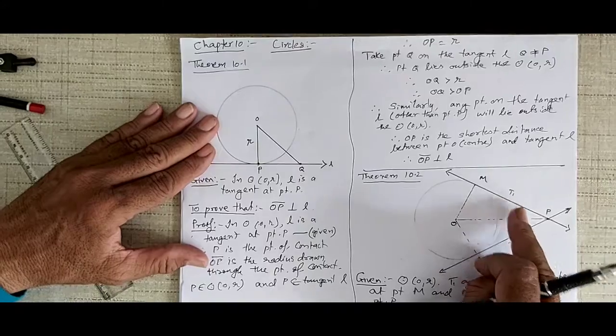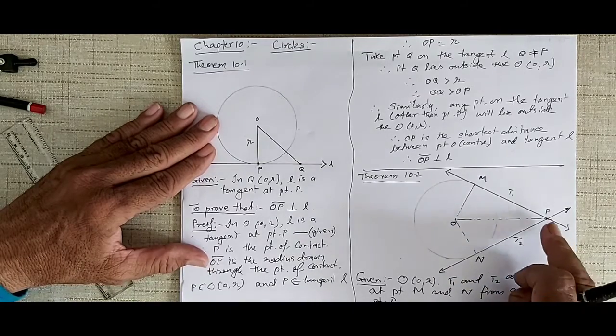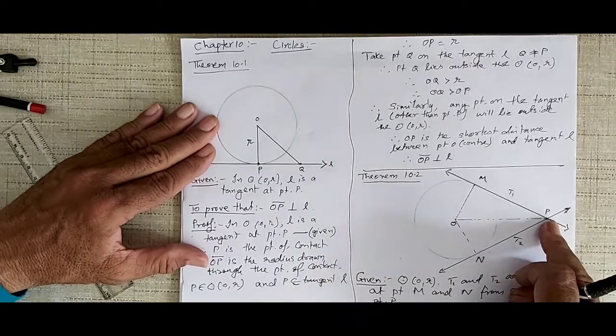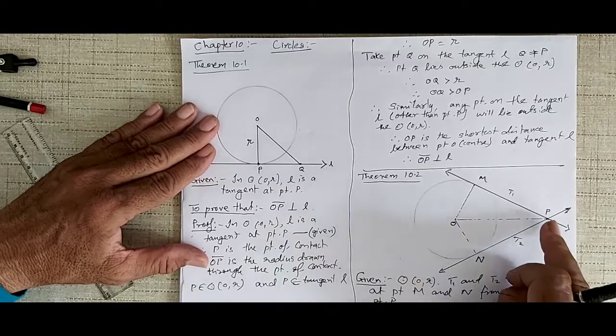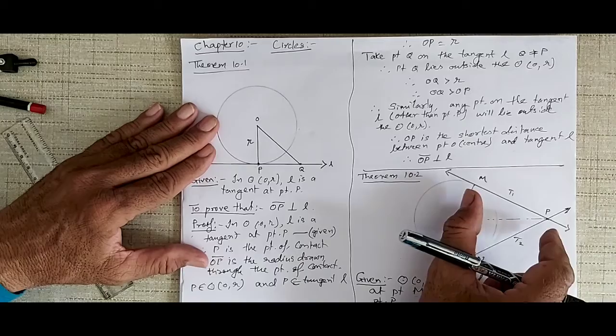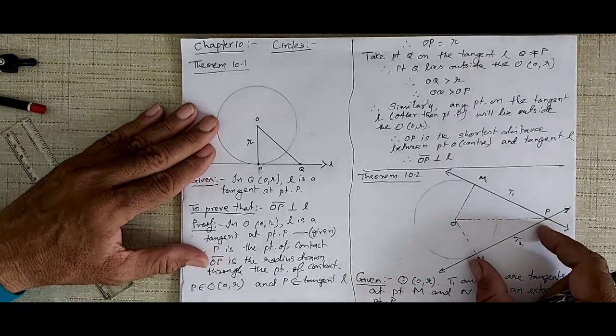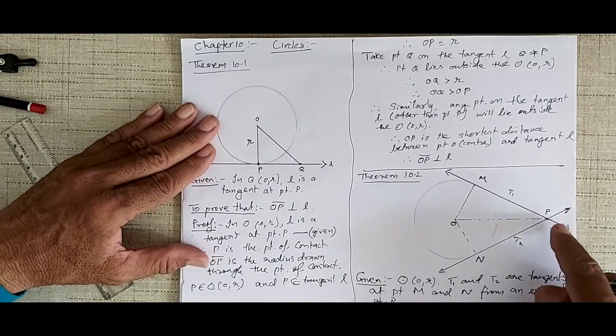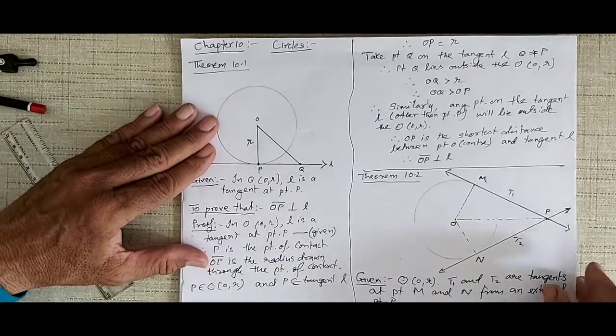If a pair of tangents are drawn from an external point to a given circle, then the lengths of the tangents are equal. That is, PM is equal to PN. This is called the length of tangent T1, PM. PN is called the length of tangent T2.